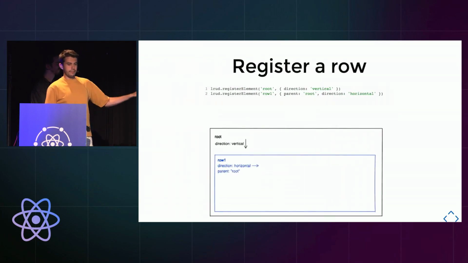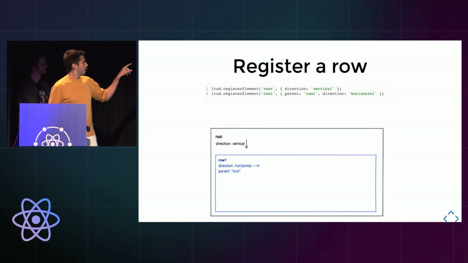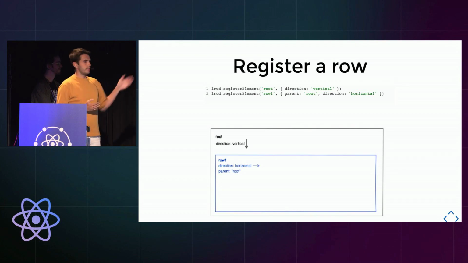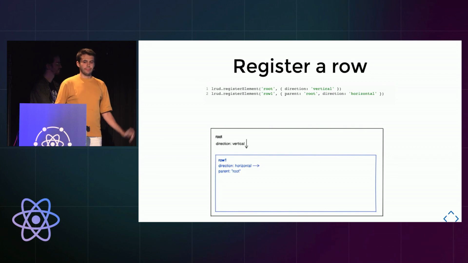But if you remember what Pierre showed you earlier, when we register row 1 as a child of root, root needs to exist first, because you can't say row 1 is a child of root if you haven't created root. That's a limitation of elleride.